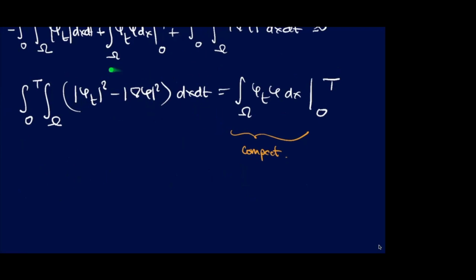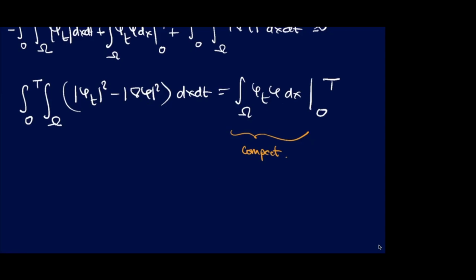So if you give me a bounded sequence of solutions, I will extract weak limits here and weak limits here. And as you know, when you are taking nonlinear functions of weakly converging sequences, normally you cannot pass to the limit, right? But here you can.